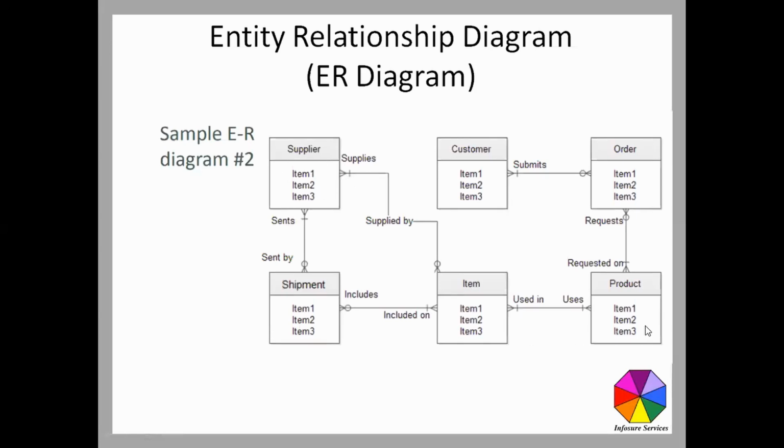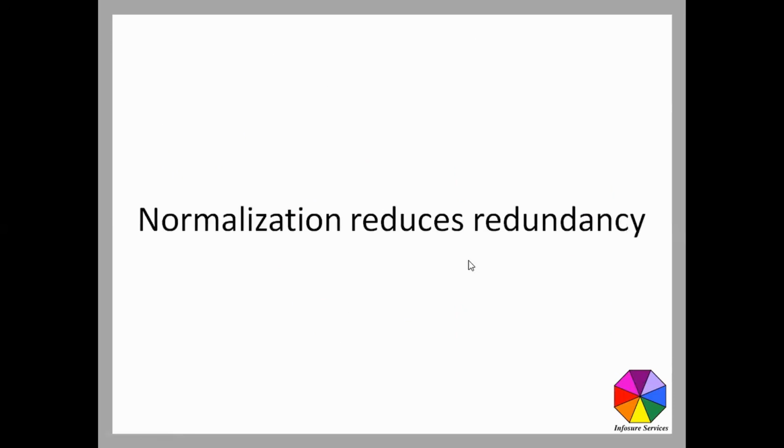And again, if you have 3 products, all this supplier information will repeat. So that repetition is redundancy. Okay, so the whole process of reducing the redundancy is called normalization.